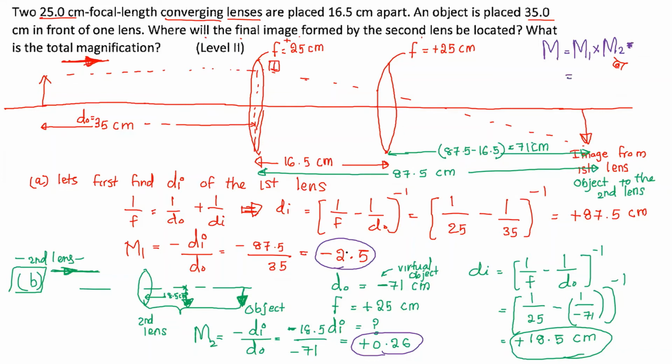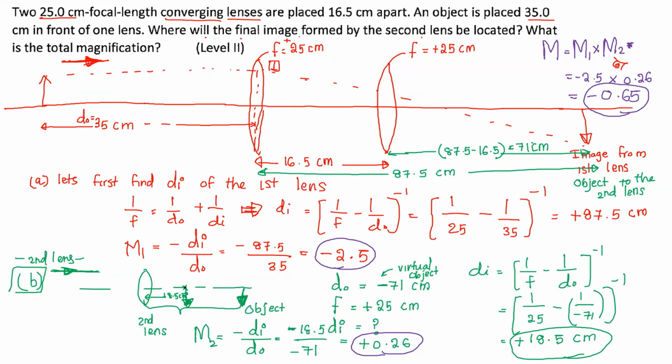From the first one, you got negative 2.5. From the second lens, you got plus 0.26. So when you multiply the two, you get negative 0.65. That means your final image is still inverted.